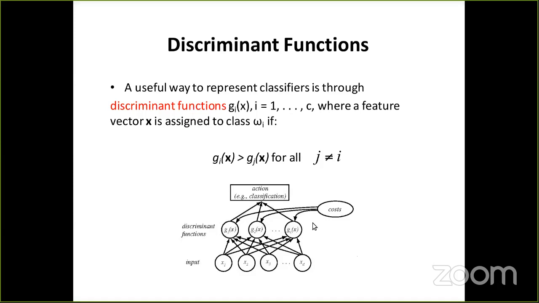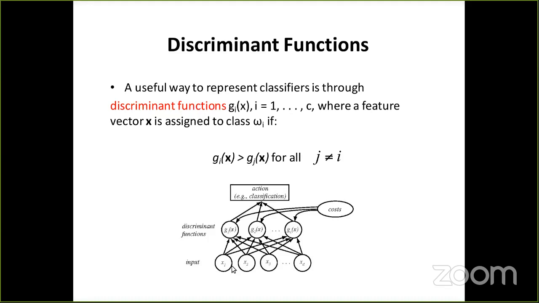A discriminant function is basically a function which will give a value that will help you classify your data. Let's say you have C classes. So you will have C discriminant functions g1, g2, g3, up to gC. The value of each of these functions depends on all of the features, x1 to xd.